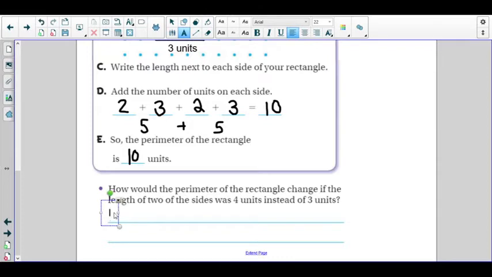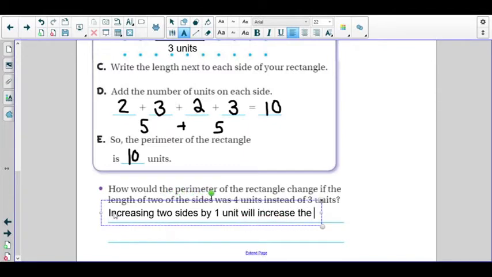And we're going to say increasing 2 sides by 1 unit will increase the perimeter by 2 units. All right, so we had 10 as our original one.